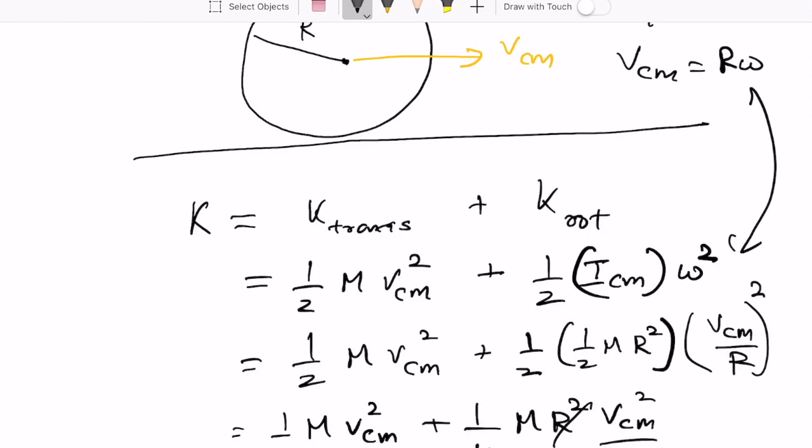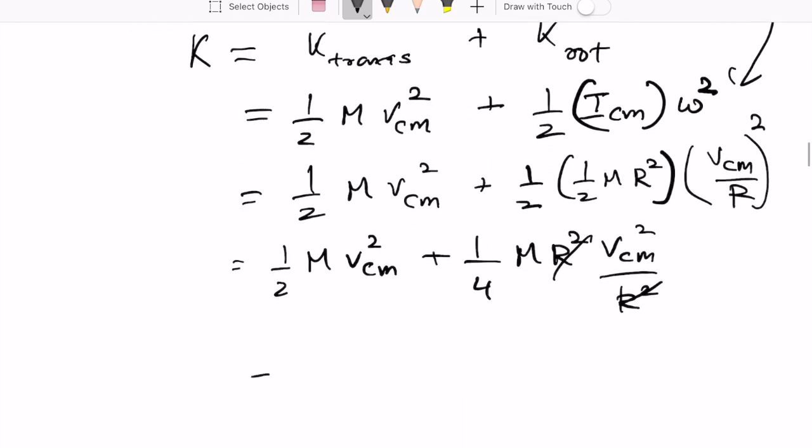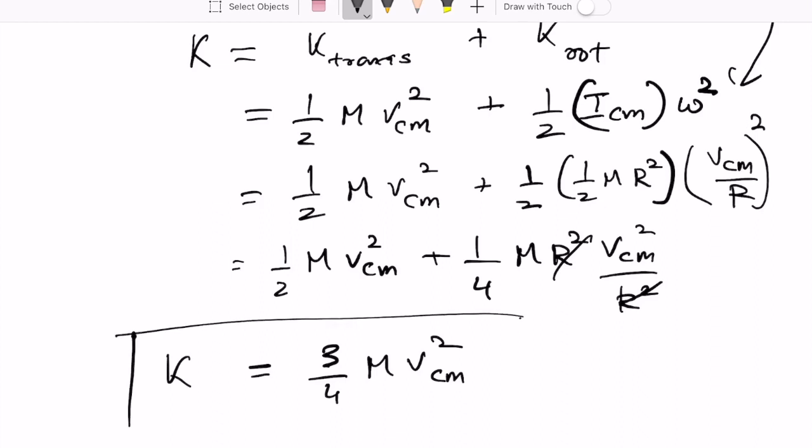The R squares cancel out, and then 1/2 plus 1/4 is 3/4 m vcm square, which is the kinetic energy of this disk as it's rolling. Oh, it seems like this is exactly what the problem was on the next slide. So I thought this slide was a sphere, but anyway, I ended up working this out.